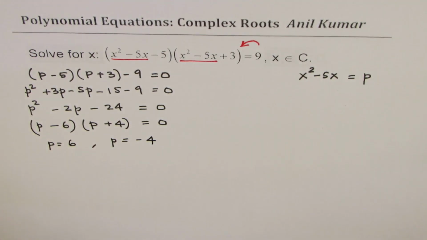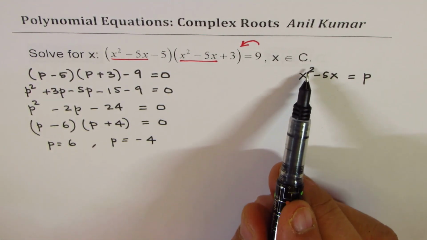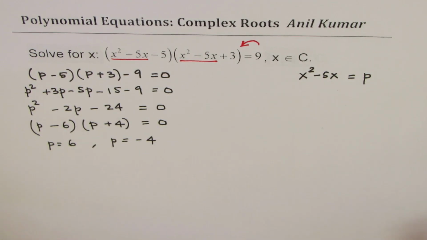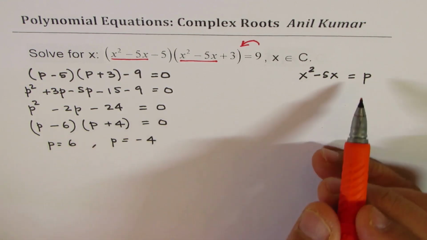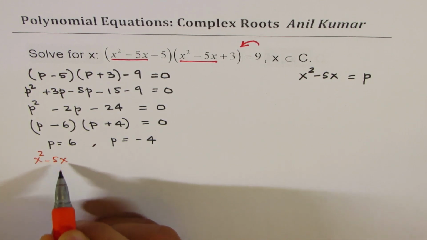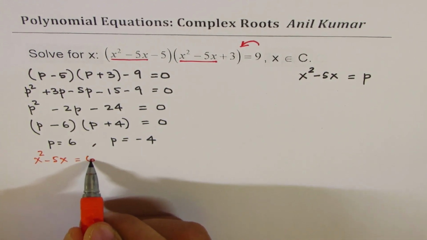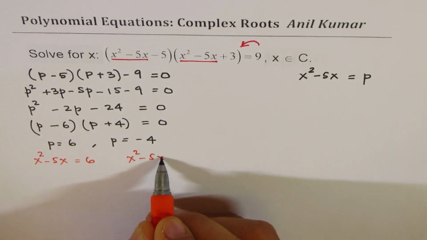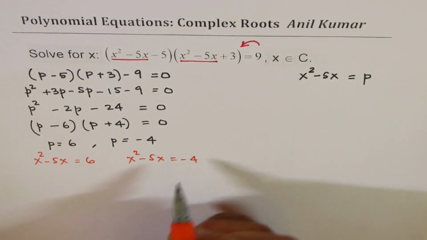Is it okay? Now clearly you know p is x squared minus 5x. So substituting these values here, what do we get? Let's substitute p as 6. We get one equation as x squared minus 5x equals 6, and the other equation is x squared minus 5x equals minus 4. Correct?